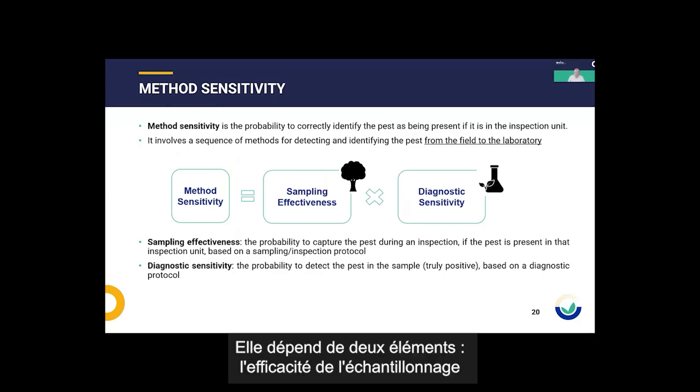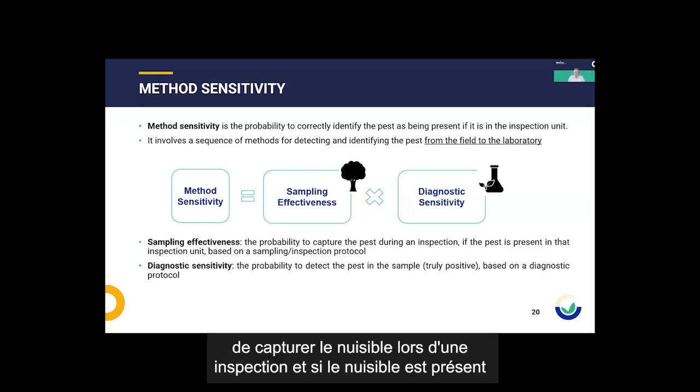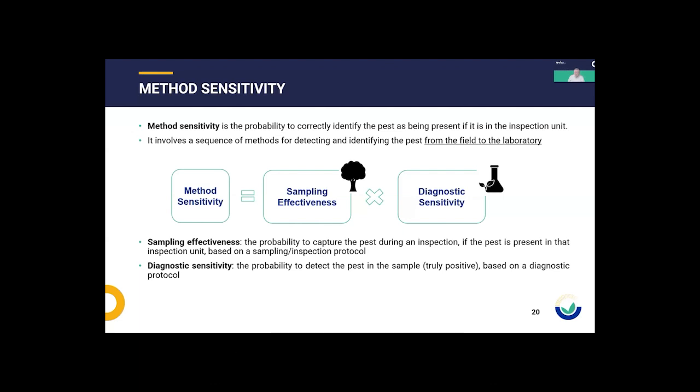Therefore, it depends on two components: the sampling effectiveness related to the field and the diagnostic sensitivity related to the laboratory. Formally, the sampling effectiveness is the probability to capture the pest during an inspection if the pest is present in the inspection unit.